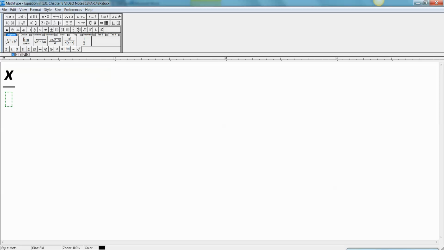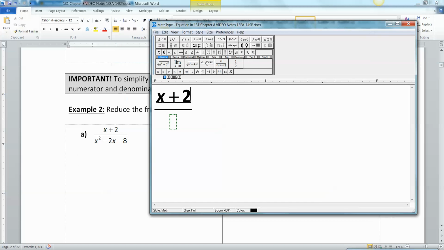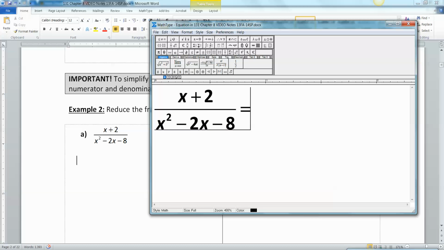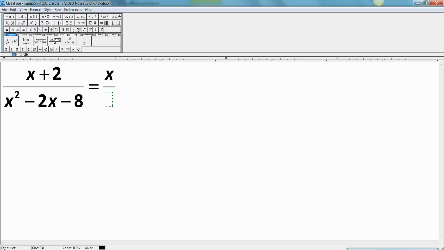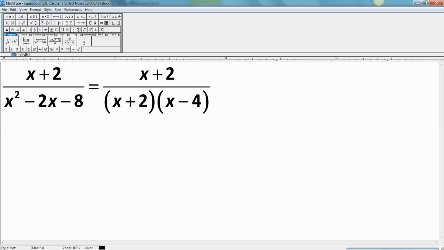So this is x plus 2 over x squared minus 2x minus 8. Okay, so I need to factor. Now the numerator doesn't factor, so it's just x plus 2. That's all you're going to get out of that. The denominator, I need it to factor. So x and x, how about plus 2 and minus 4? Will that work?